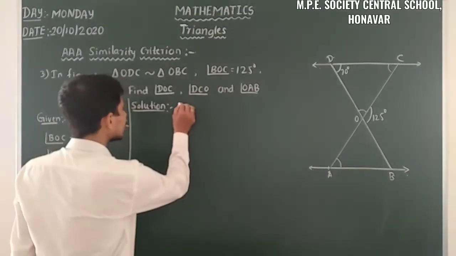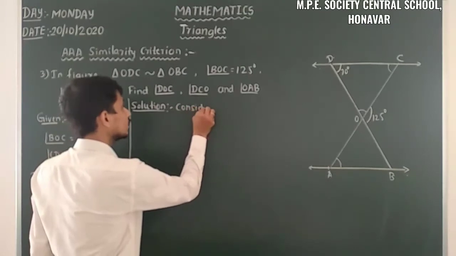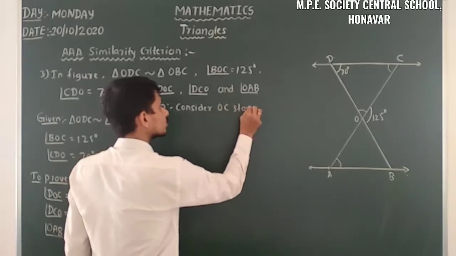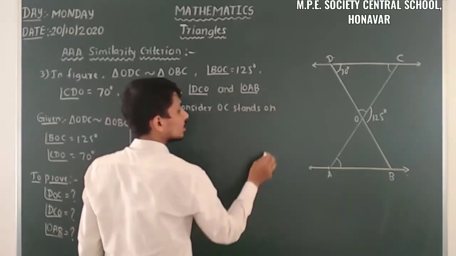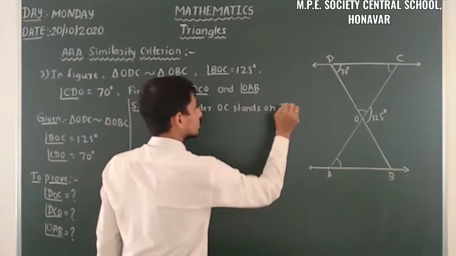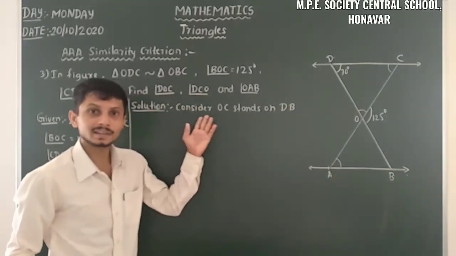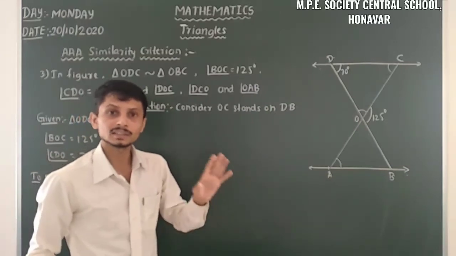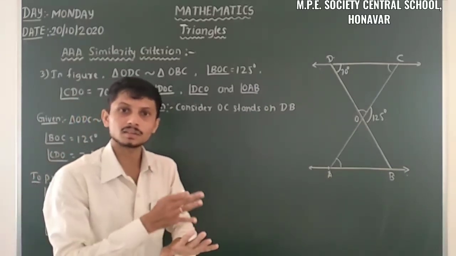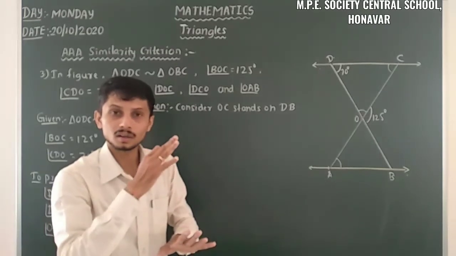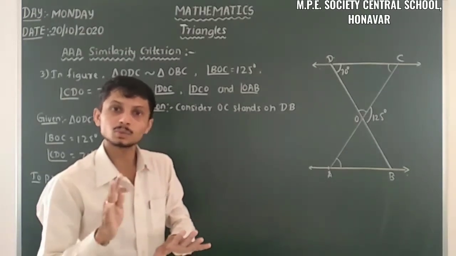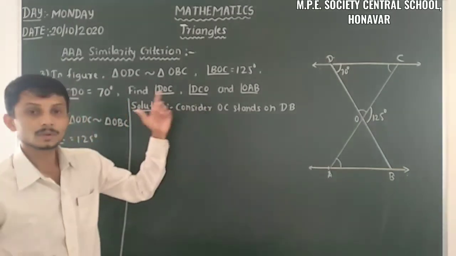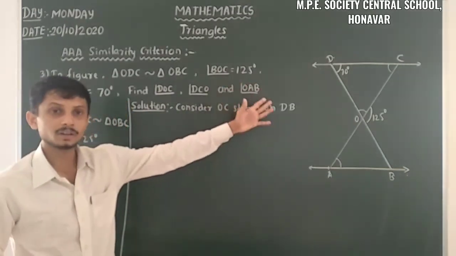Consider OC standing on DB. We also discussed in the 9th standard that when a ray stands on a line, the sum of the adjacent angles is 180 degrees. The adjacent angles formed are supplementary. We already know that, so from that we have to find the angle.